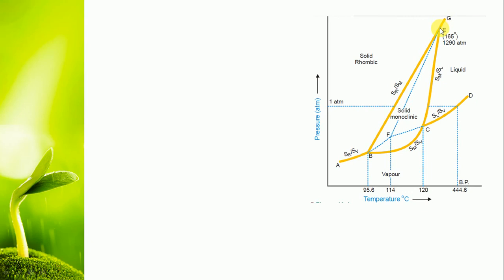The line EB, or you can say GB: along this line the rhombic sulfur and monoclinic sulfur exist in dynamic equilibrium. So how many lines have we got? 1, 2, 3, 4, 5 and 6. It has got 6 lines.